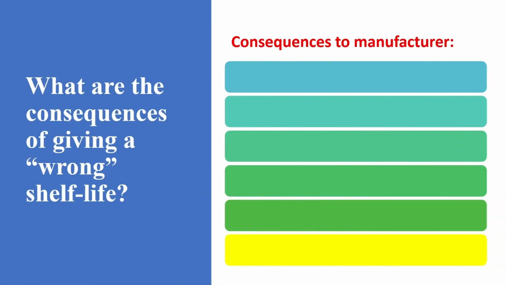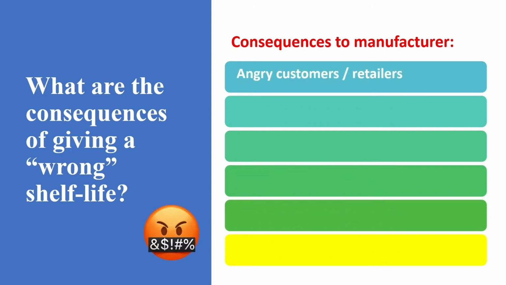So what are the consequences of giving a wrong shelf life? Let's look at the consequences to the manufacturer first. For sure, if we have bought a food product whose shelf life stated on the package exceeds the true shelf life, meaning the food is rotten, we'll get angry.